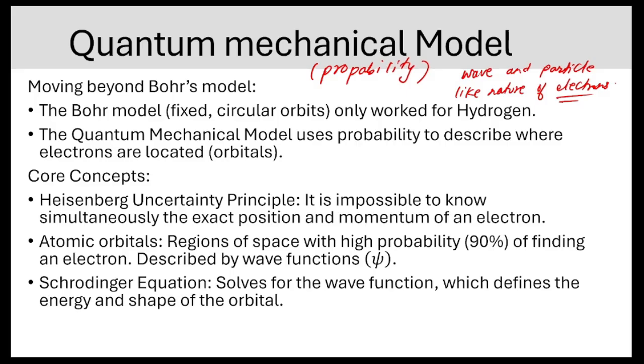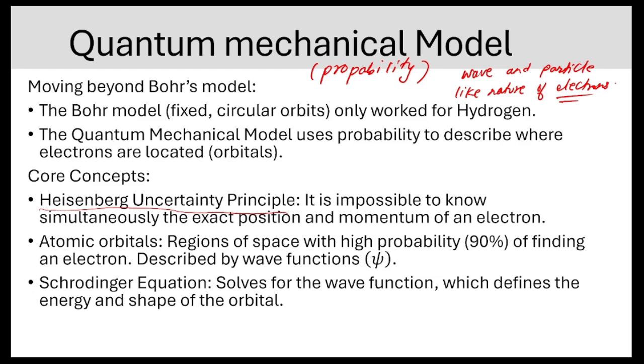First we have Heisenberg's uncertainty principle, and it says the act of measuring an electron's position changes its momentum. When we are talking about momentum, we are basically talking about the velocity of the electron, and we cannot know both the position and the velocity of an electron. This is defined by Heisenberg's uncertainty principle.